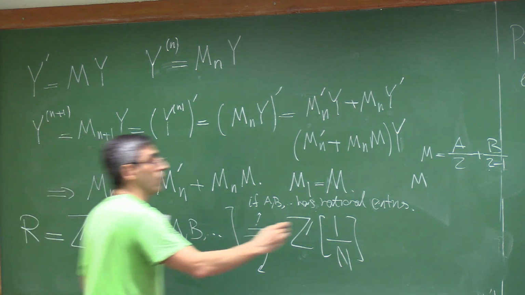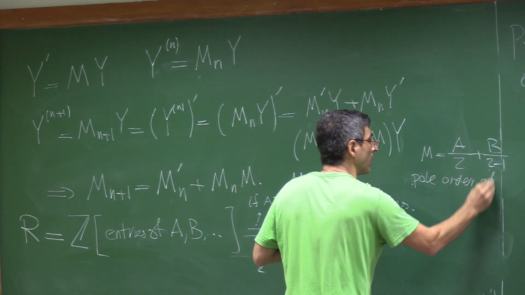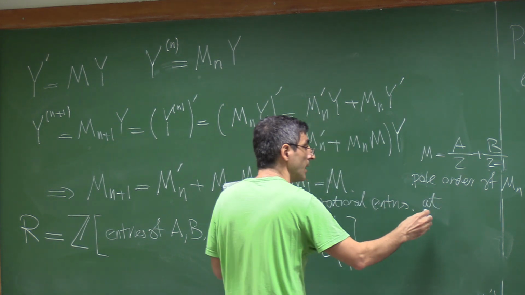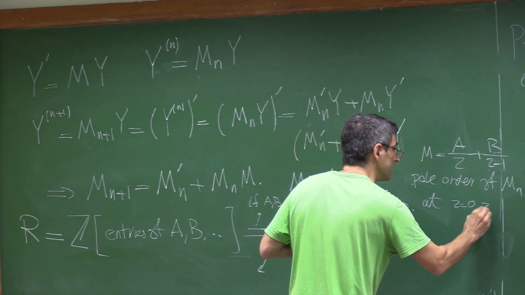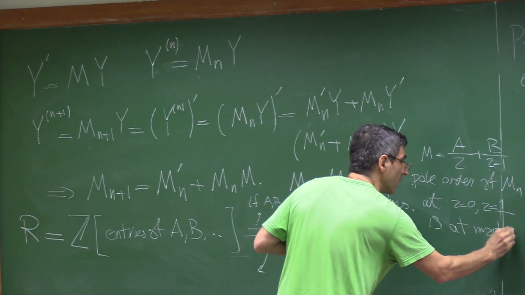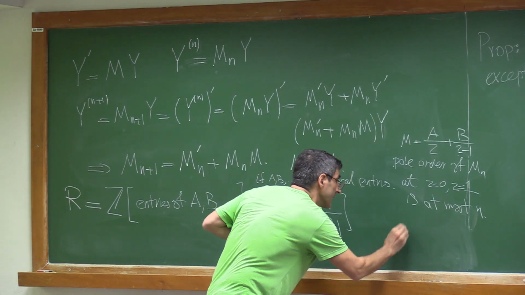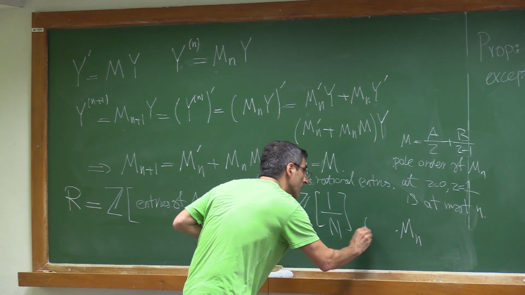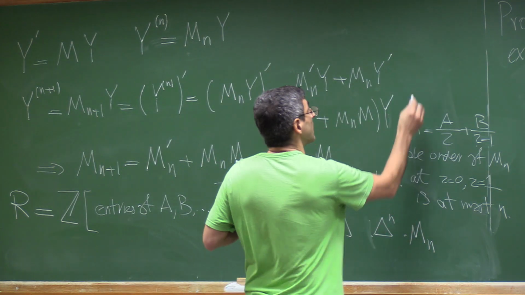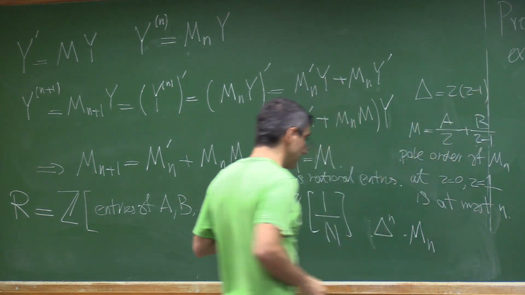You can prove that the pole order of M_n at z equal to 1 is at most n. What I want to say is that at the end of the day, M_n times, let's call this discriminant, delta to the n. And what is the discriminant? Let's call the discriminant z minus 1.